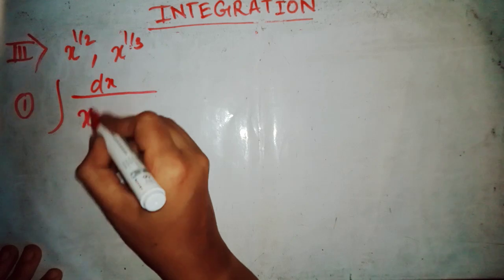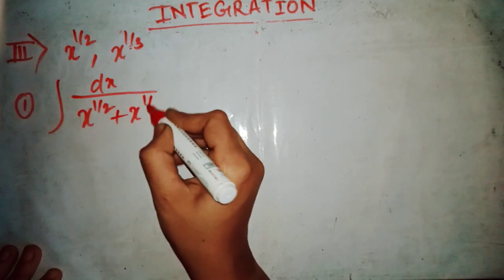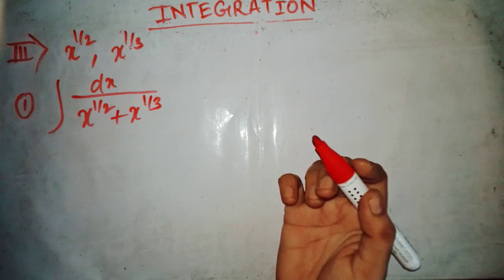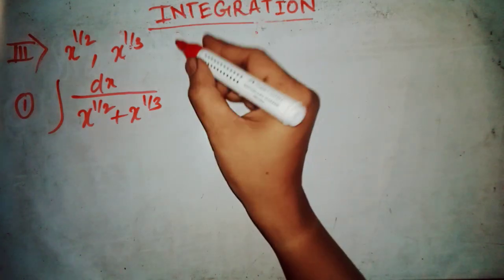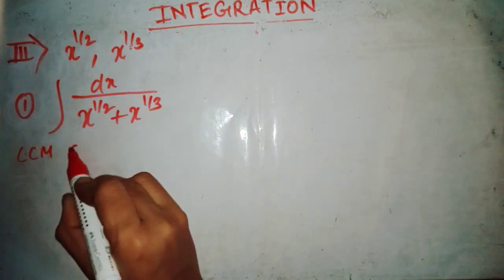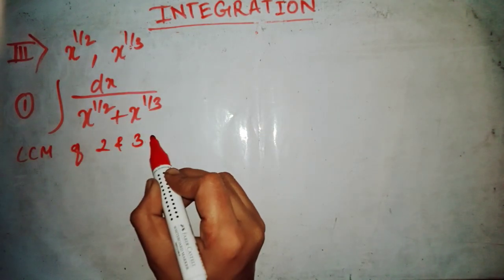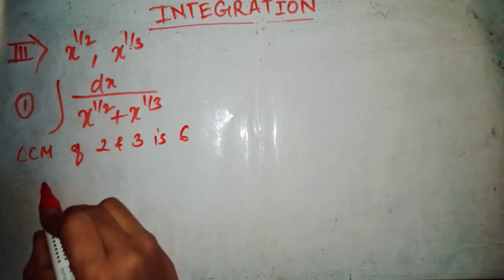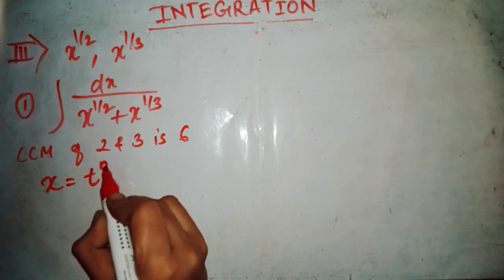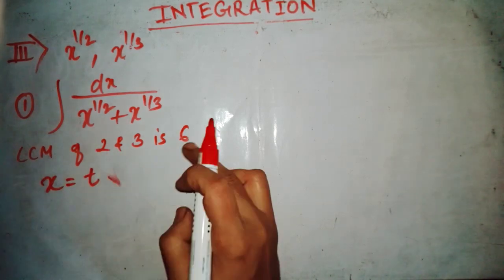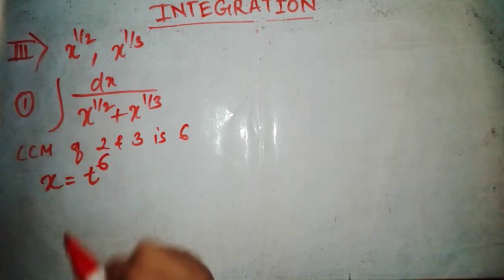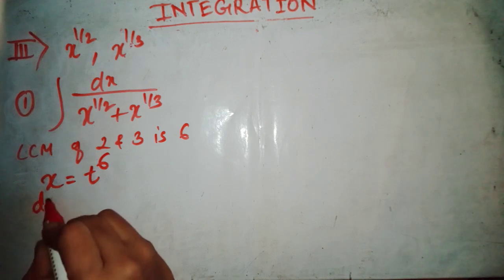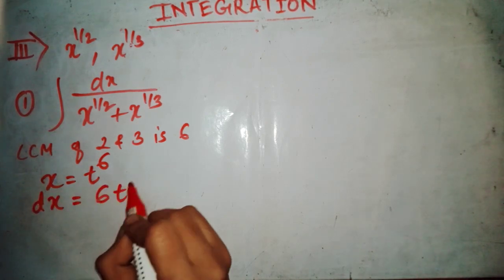The integral of dx upon x raised to half plus x raised to 1 by 3. Now the LCM of 2 and 3 is 6, right? So when you take x equal to t raised to n, that n should be the LCM. So x equals t raised to 6, and the derivative of this will be 6 t raised to 5.